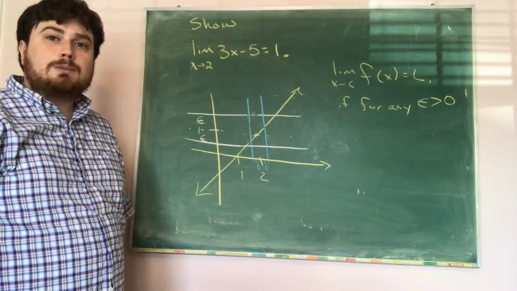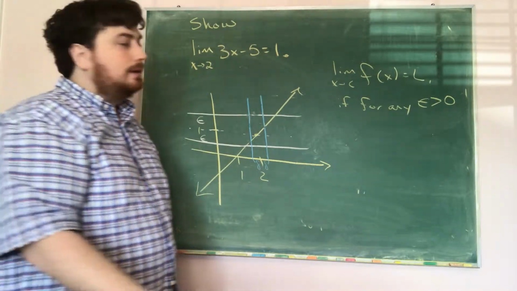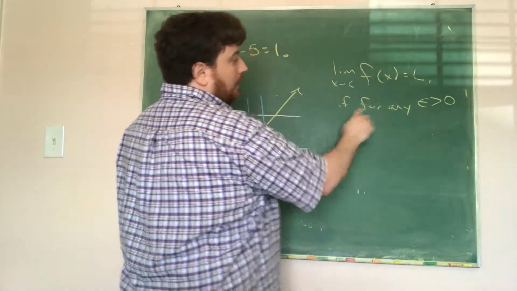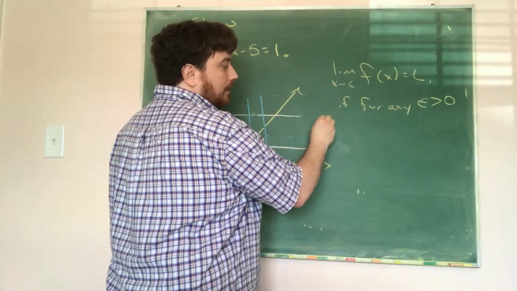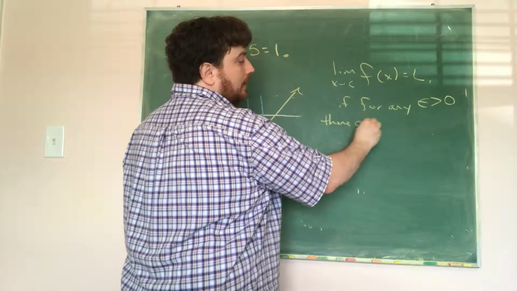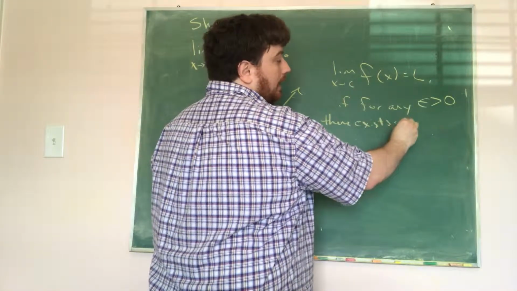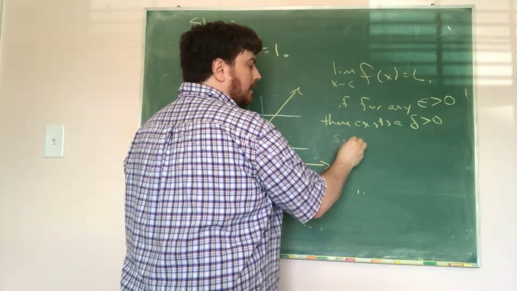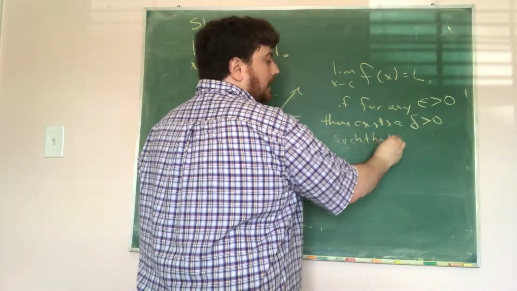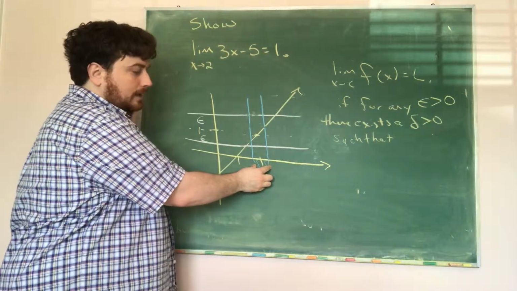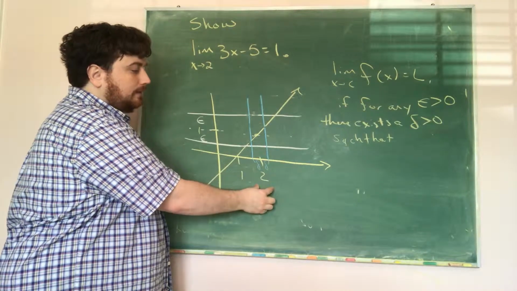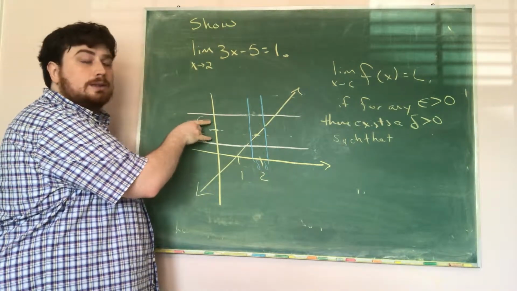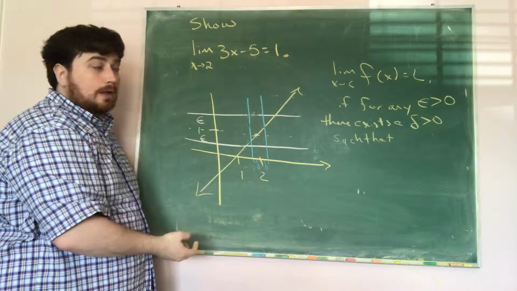You can make it as small as you like, but any positive number you give me. So if for any epsilon greater than 0, there exists a delta greater than 0 such that as long as I stay within delta of my c value, all my y values are going to stay within epsilon of my limit value.